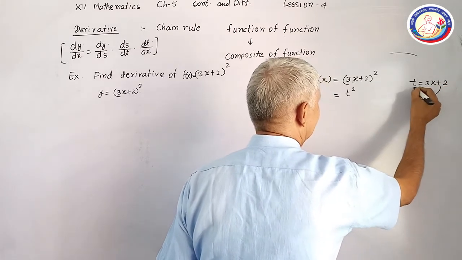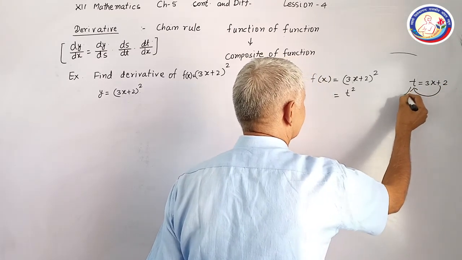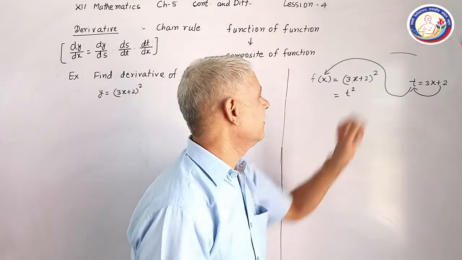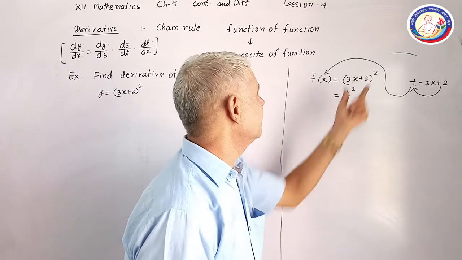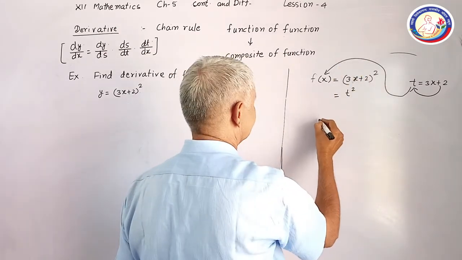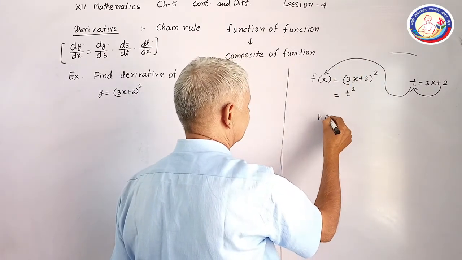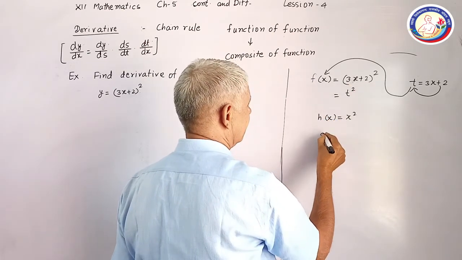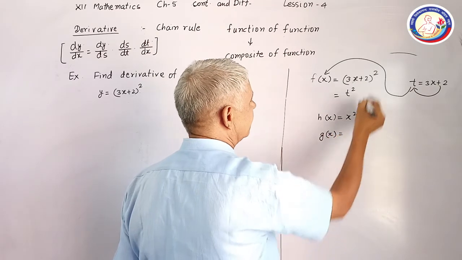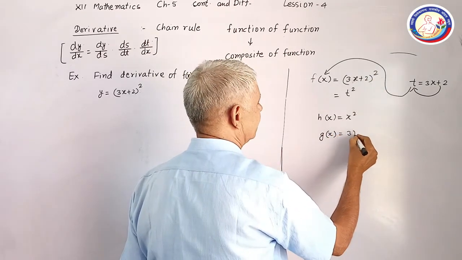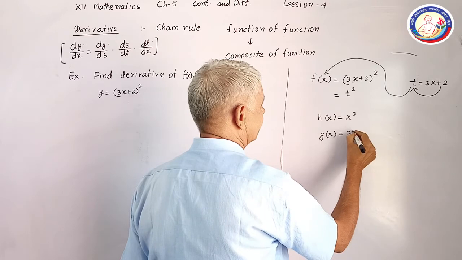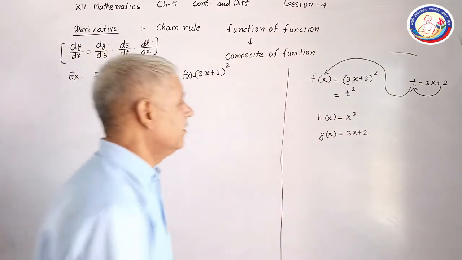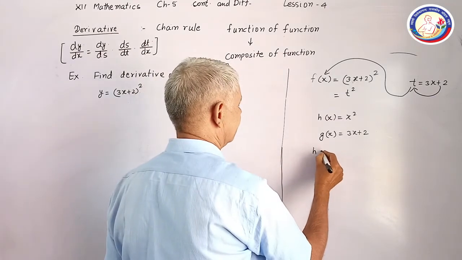So x to t and t to f(x). So this is a function of a function, and it is a composite function. We can write h(x) equal to x square for this, and again the second function is g(x) equal to 3x plus 2. This will be nothing but simply the composite of h and g.